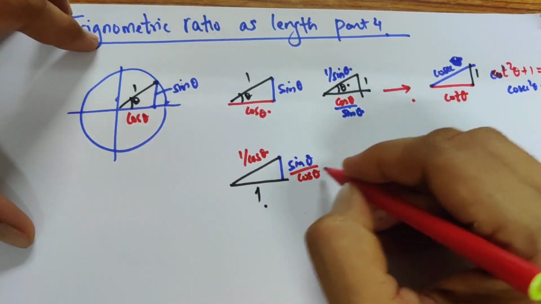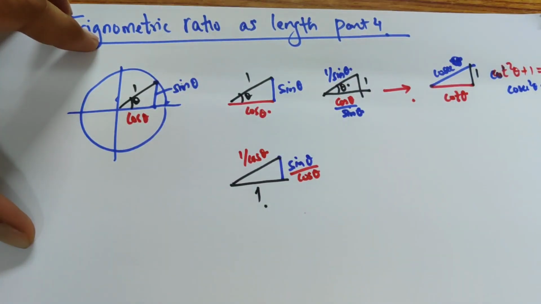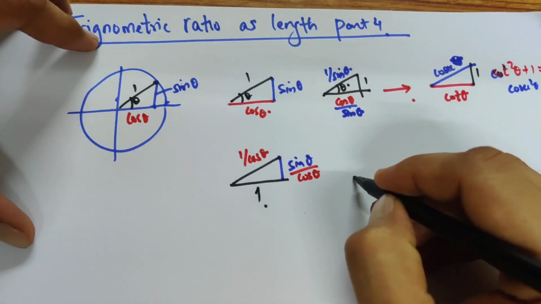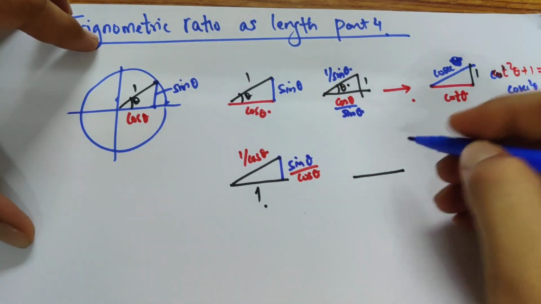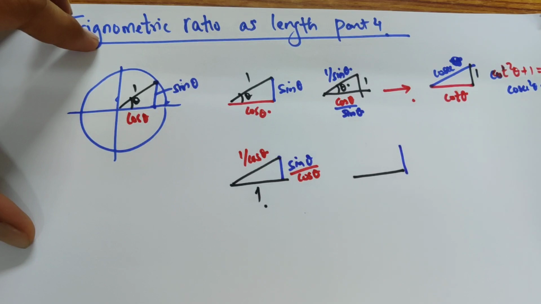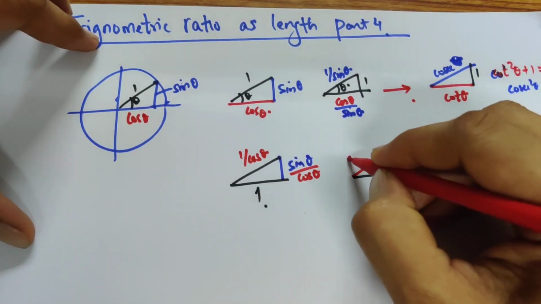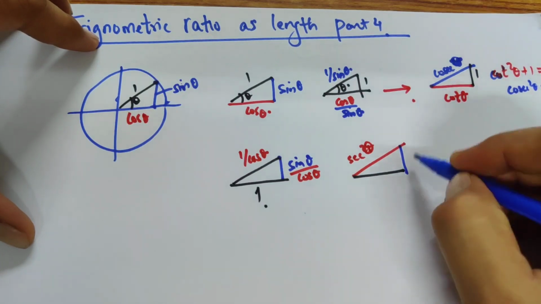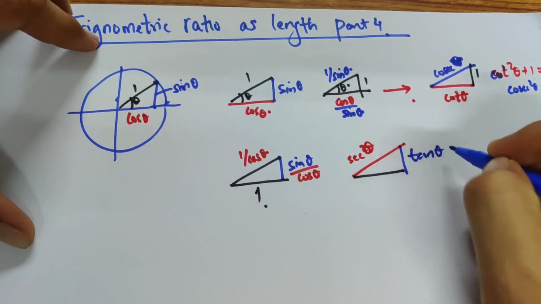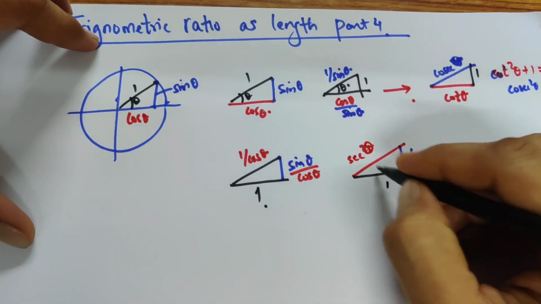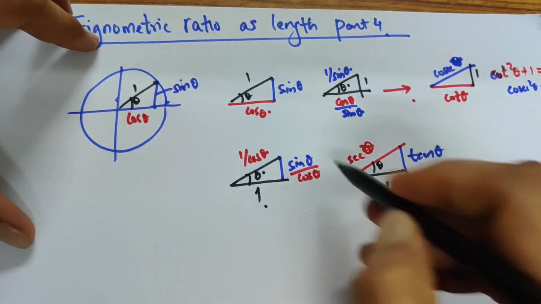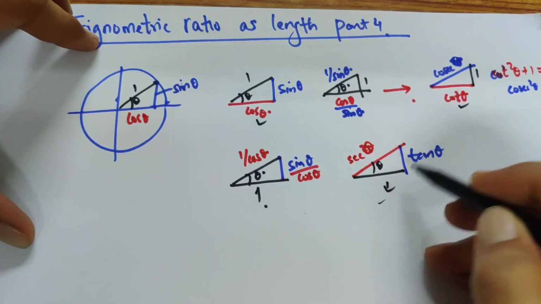So this is the triangle with 1, tan theta and secant theta. So this is secant theta, this is tan theta, and this is 1. So in this case you have this triangle, this triangle and this triangle.